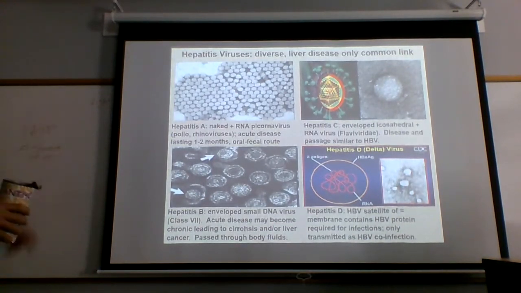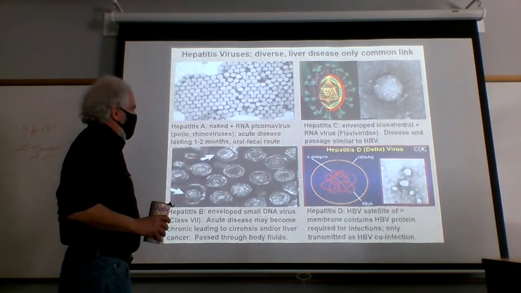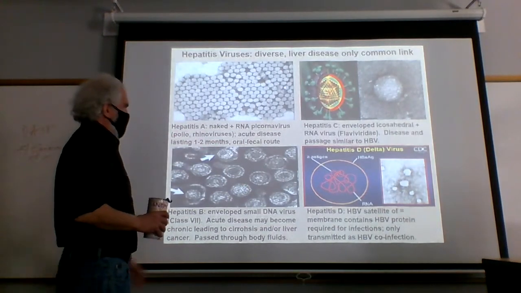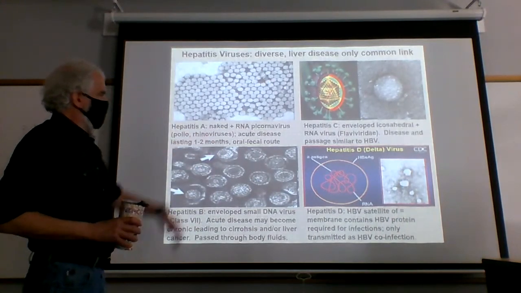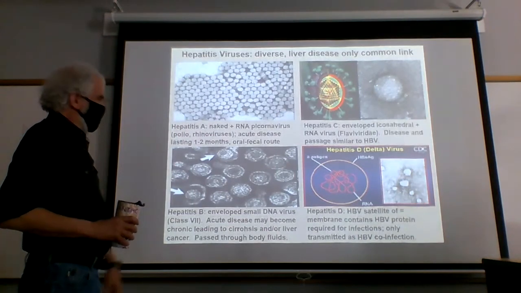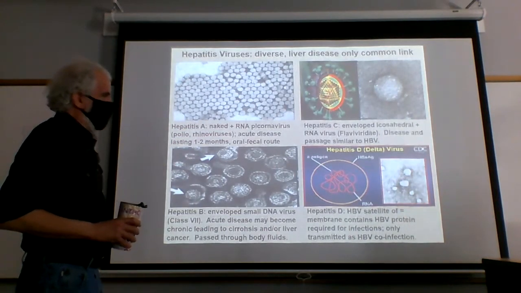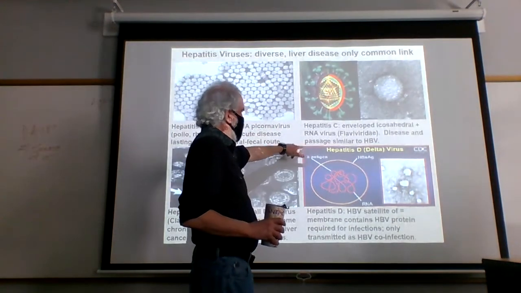So there's Hep A. This is an RNA virus, a little bit like polio, and the virus causes a common cold. Passed through the oral-fecal route, oh boy. Hep C is an enveloped virus, an RNA virus.